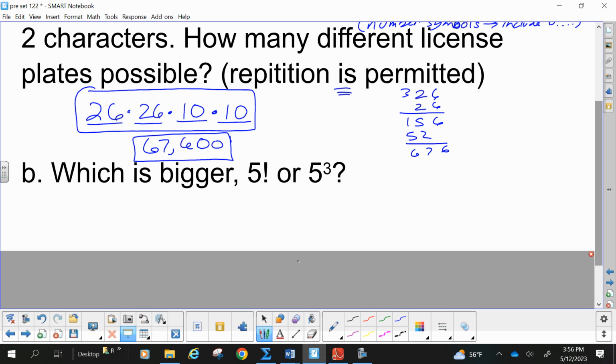All right, last one. Which is bigger? 5 factorial, that's red, or 5 cubed?